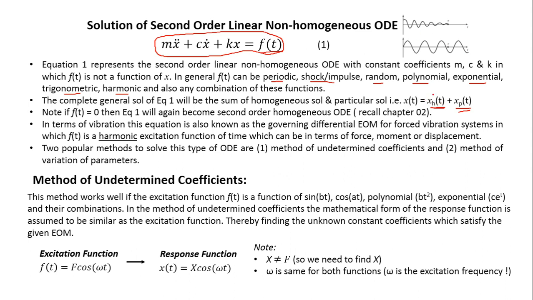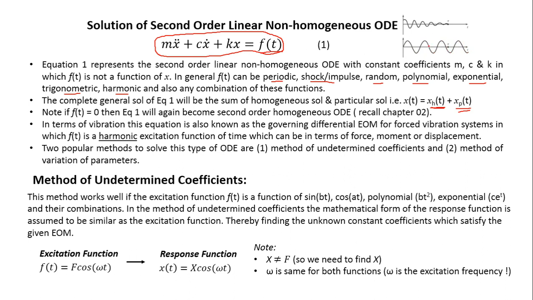So as you all know, the homogeneous parts that we obtained in chapter number 2 were all diminishing in time. If they are stable responses, they will all diminish in time. So the homogeneous part will be transient. We call it the transient part, okay? And this transient part is going to decay or vanish after some time, leaving behind only the particular solution that is due to the applied excitation on the system.